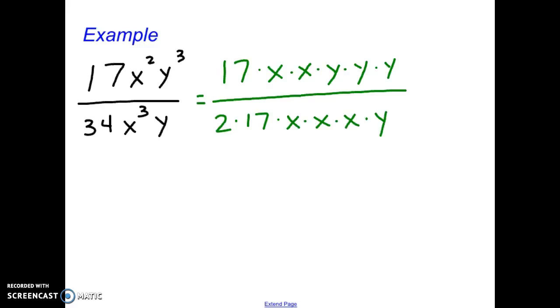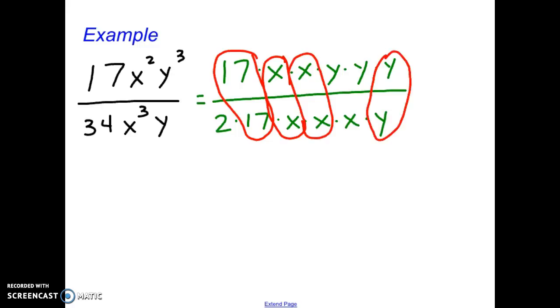And at this point, we can look for things that would simplify to give us 1. So the 17 over 17, we can do those x's. We can do another pair of x's, top and bottom. And we got a pair of y's that can be eliminated.